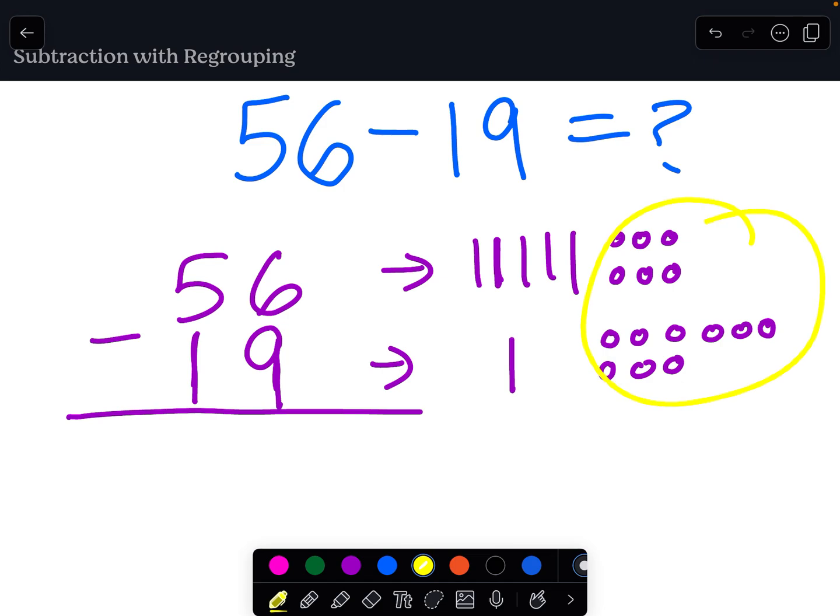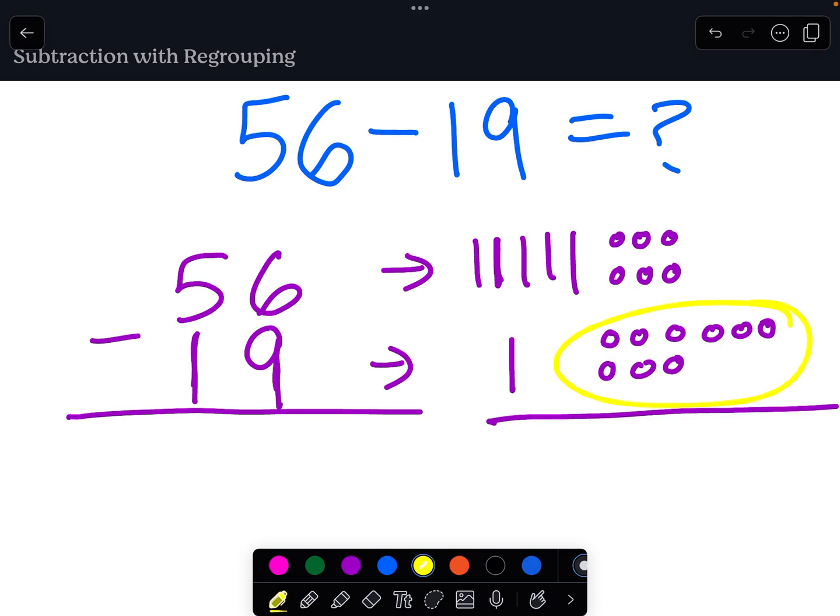So we're going to start by subtracting the ones here, but there's a problem. The problem is that I have 9 ones here from 19, and I have 6 ones here, and I can't subtract 9 from 6.